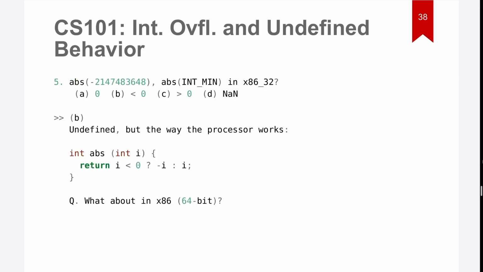So in x86, if we would implement absolute in longs, then we would get the result. So if we would have longs here, integer is smaller 0.